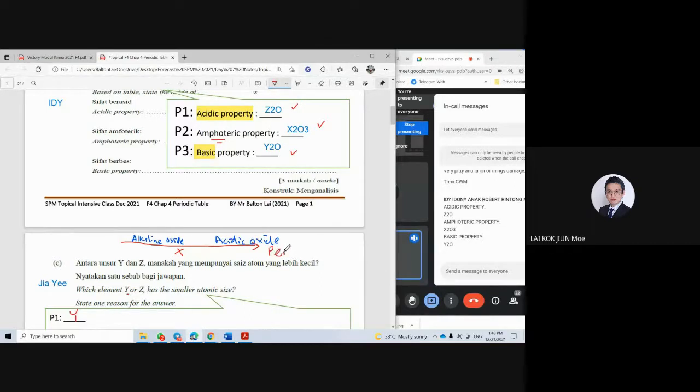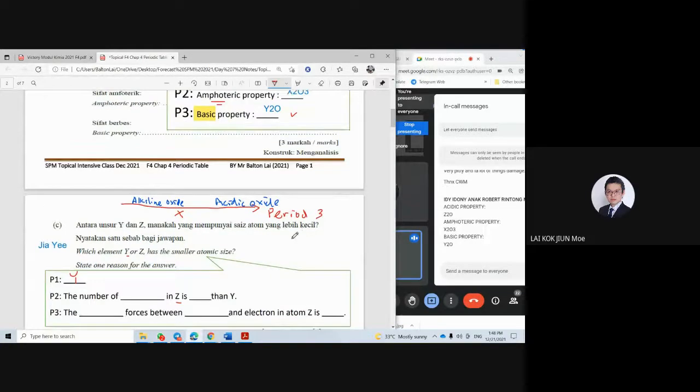Across the period 3, what happened to the size? Bigger or smaller? Across the period 3, size is bigger or smaller? They have the same 3 shell, but different proton number. When the proton number more, but the shell number still remains same 3. What do you think the size? The size will become how? Bigger.